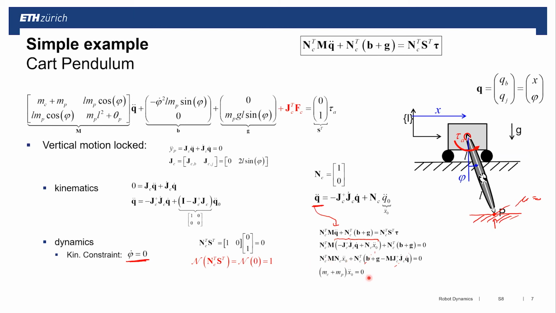We reduce the dimensionality of these equations of motion to get rid of the external forces. In this case, we also got rid of the torque, not necessary. If I would have here an actuator, so assume that you would have here an actuator which produces a force, we would see this here, because that wouldn't be completely reduced. So we had a different S matrix then, and that wouldn't be completely removed.